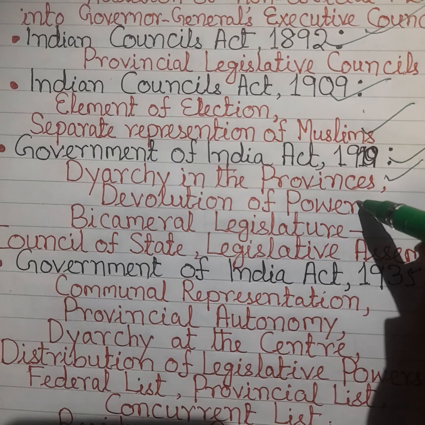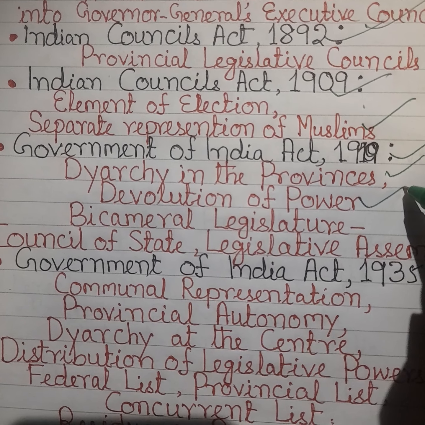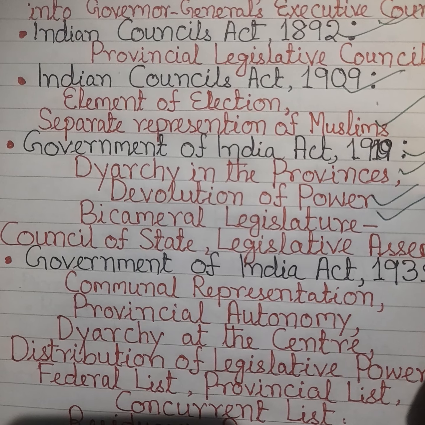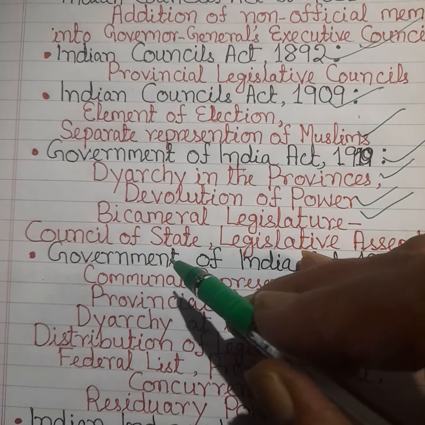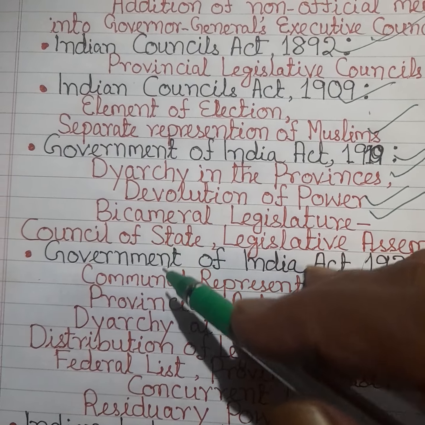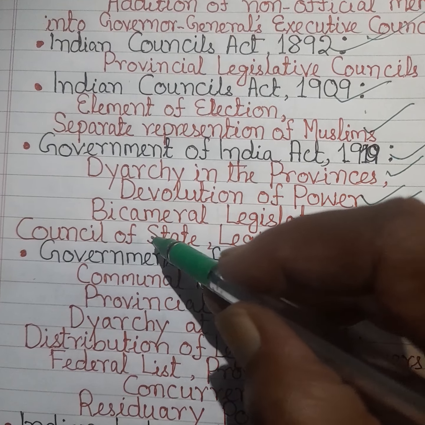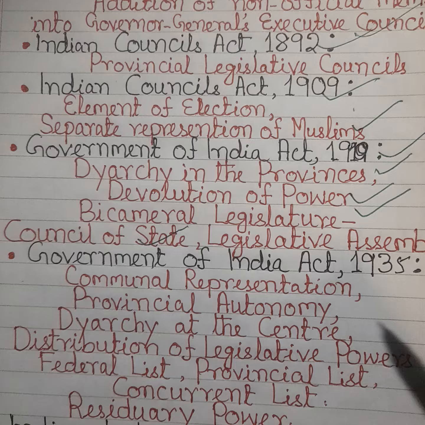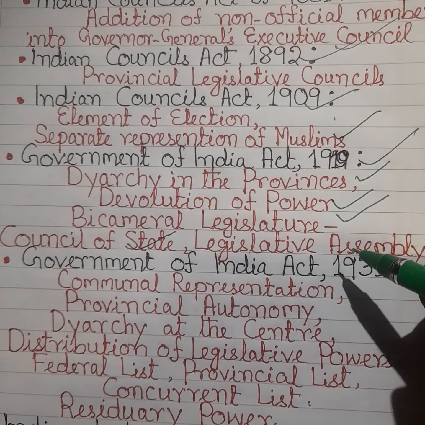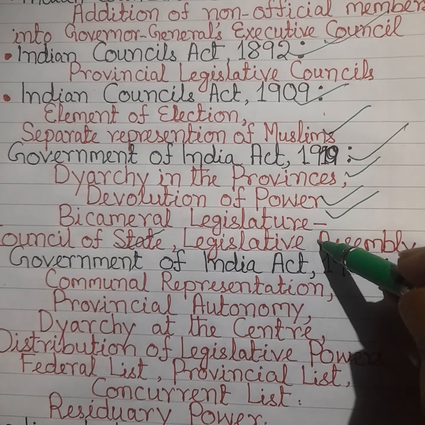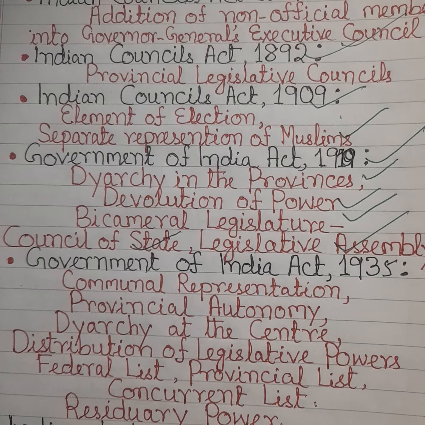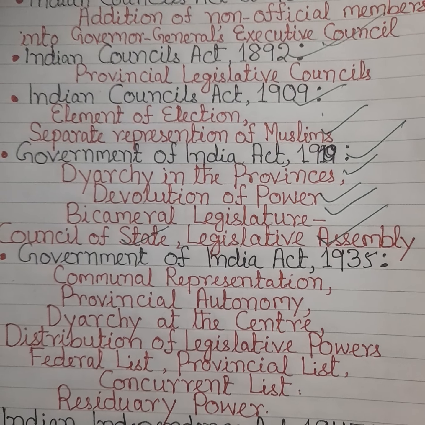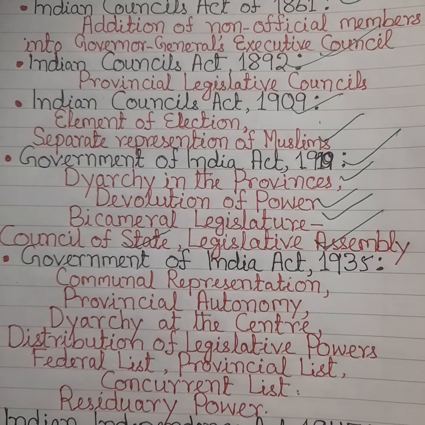Also, there was devolution of powers and creation of bicameral legislature, and for the central federal legislature a council of state which was known as the upper house, and a legislative assembly which was known as the lower house.